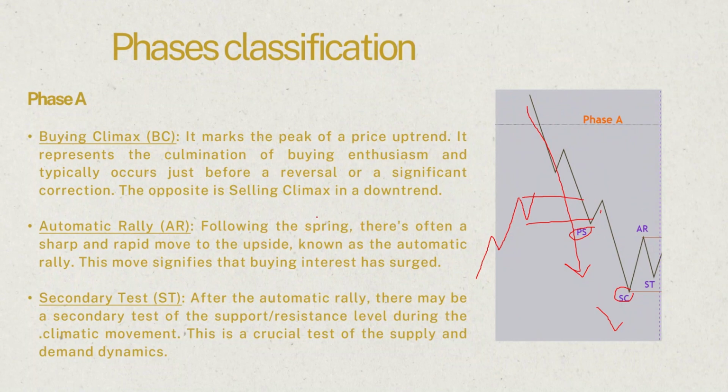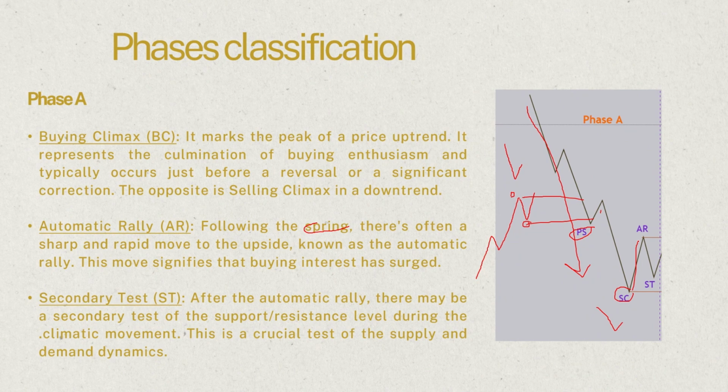It follows the climatic action, and it is characterized by a sharp rapid move to the upside in the case of a downtrend. But in the case of an uptrend, it goes to the downside. In this case, this is buying climax. Then you have your climatic action. So this comes to the downside. In this case, this one goes to the upside.